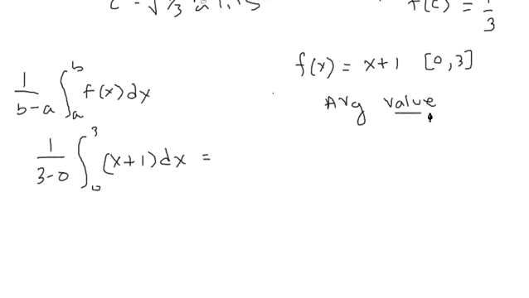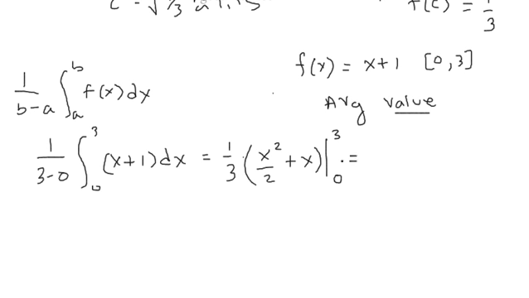And when we usually say value, we mean, if you were looking at that as an ordered pair, we're basically talking about the y coordinate. Okay, so this is 1/3 times x squared over 2 plus x, and we're going from 0 to 3, and we plug our stuff in.